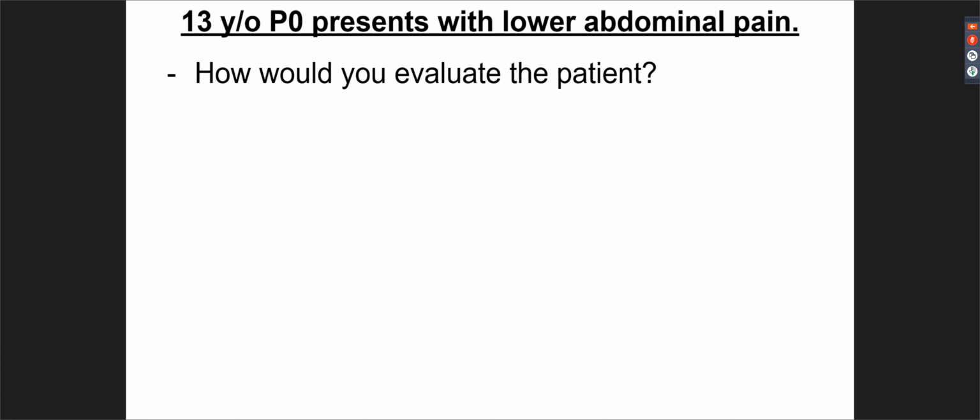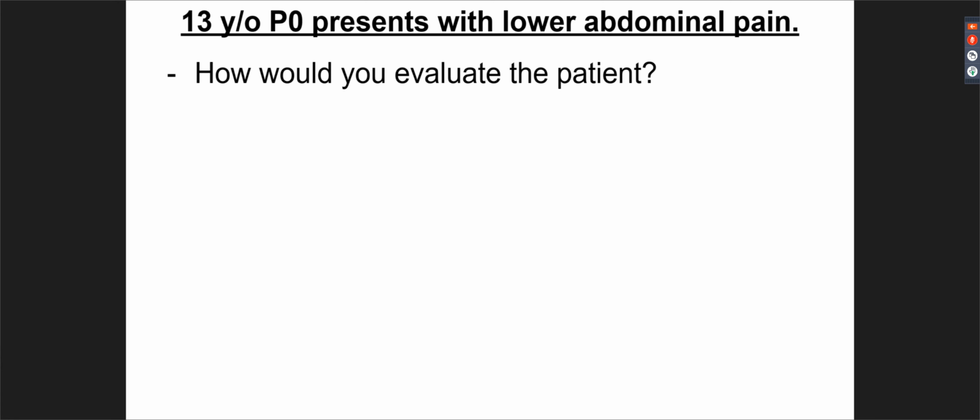And I will move on to get the vital signs, then abdominal examination. What specifically would you be looking for in your abdominal exam? Yeah, that's where I'm going right now. I will be looking for guarding, voluntary or involuntary, and rebound. Then also listen to bowel sounds.